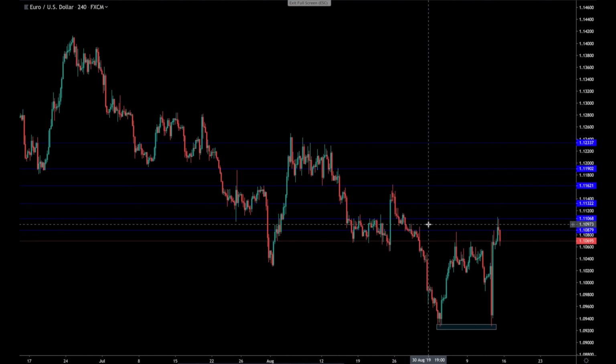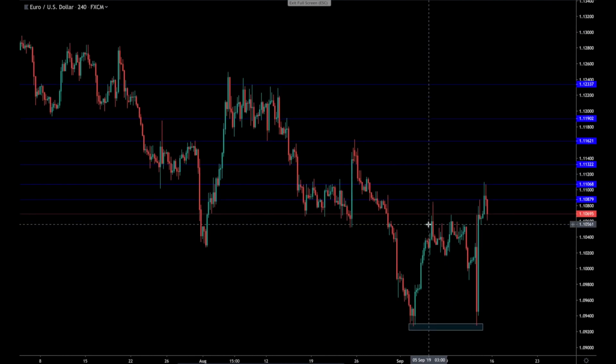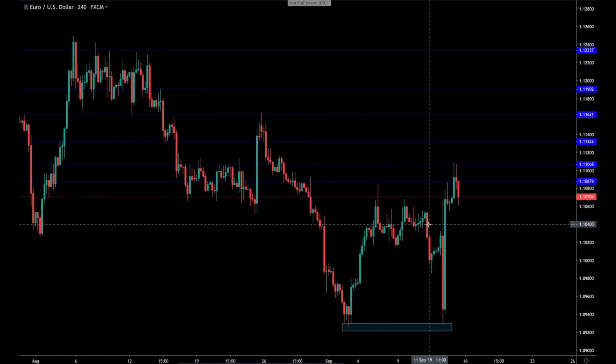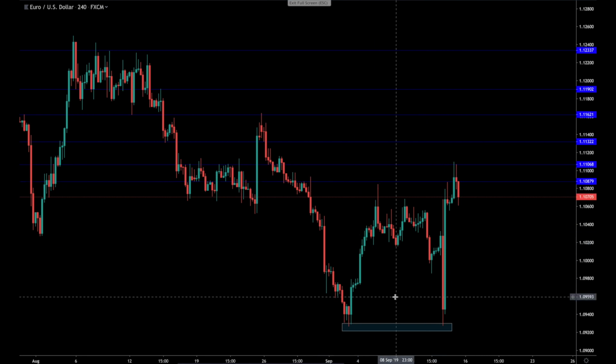I don't use indicators that much. I have one indicator I use also, but mainly it's just to make my belief a little bit stronger. But I always start with a clean chart, and I highly suggest you do the same thing.